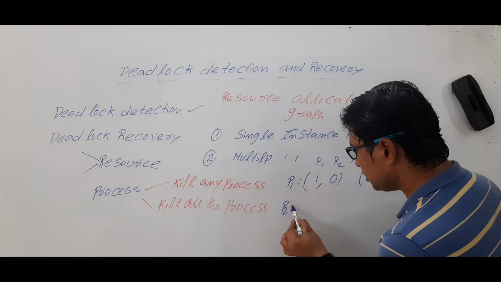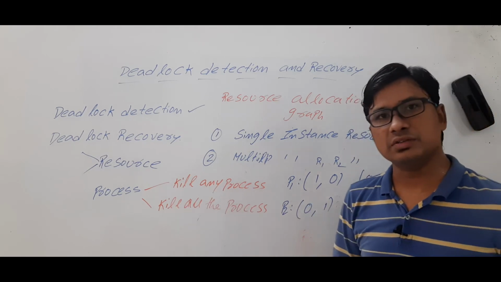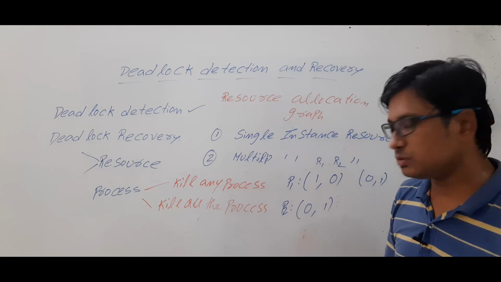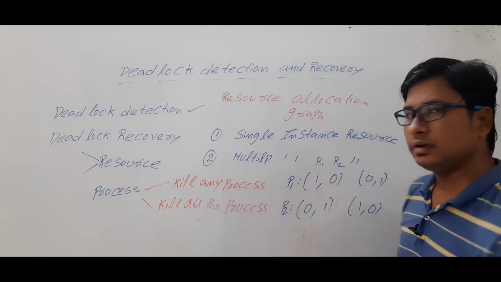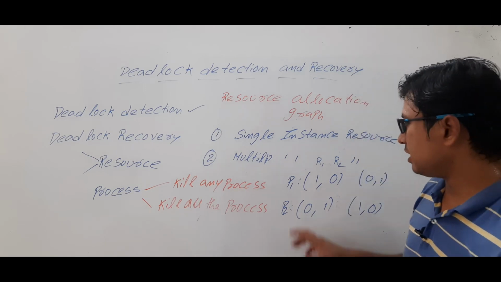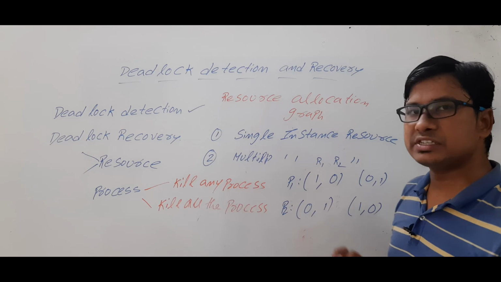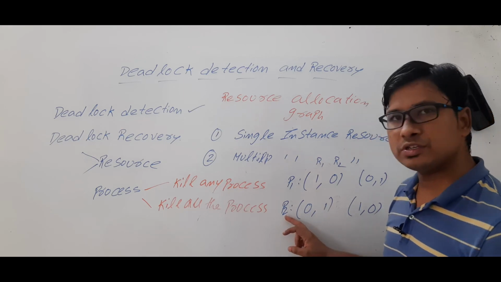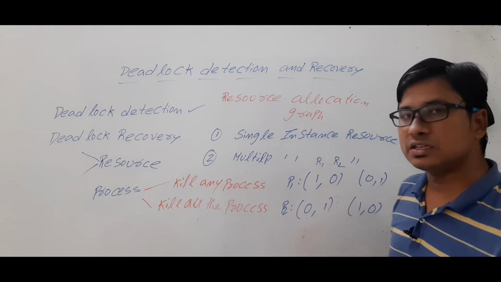Similarly, process P2 has allocation 0 1, so it does not have resource R1 but has resource R2, and its request is 1 0. Now there is a deadlock because process P1 has resource R1 and requests resource R2, while process P2 requests resource R1 and holds resource R2.